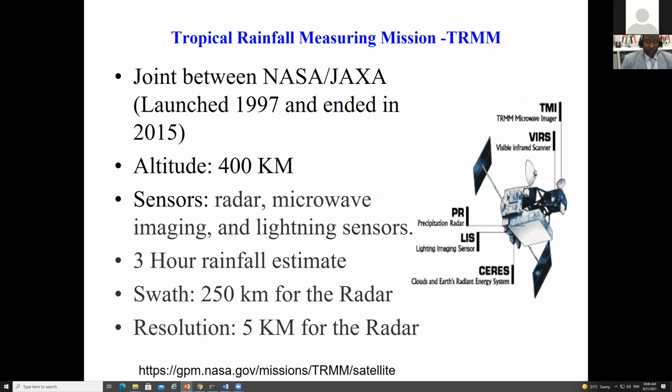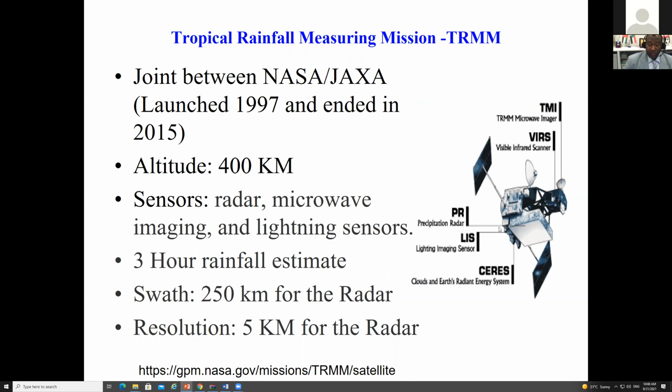In remote sensing, there are many types of satellites that provide information about rain, and one of them is the Tropical Rainfall Measuring Mission. It was launched in 1997 and ended in 2015. This is more description, but the most important item here is the inclusion of a precipitation radar in the satellite.